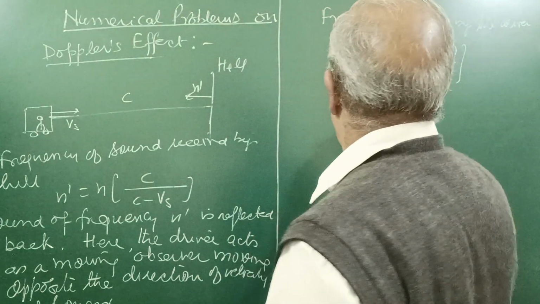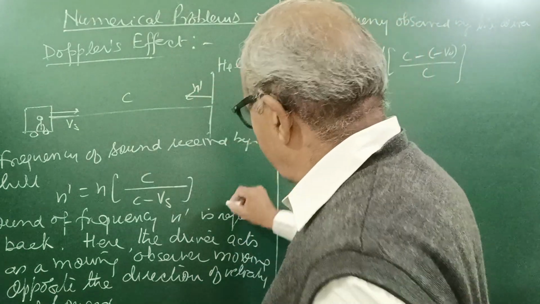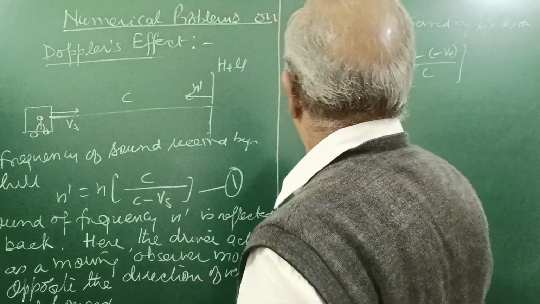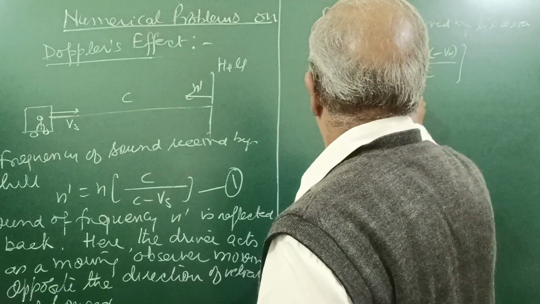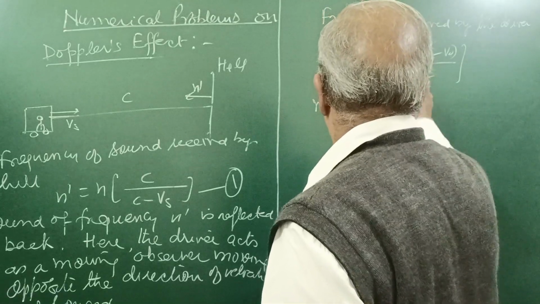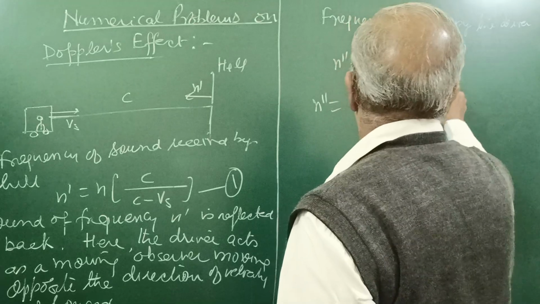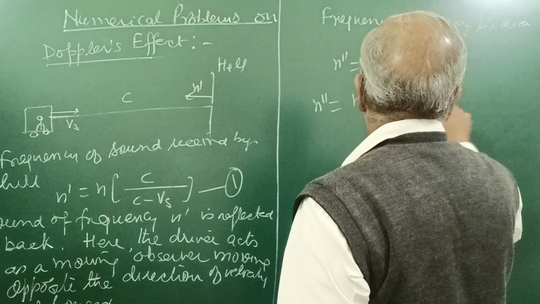So from equation 1, n double dash equals n c upon c minus vs into c plus vo upon c.